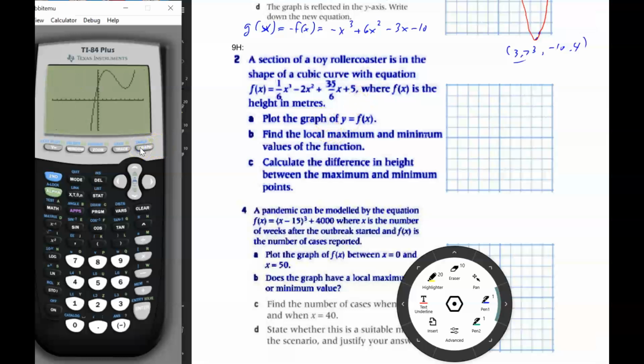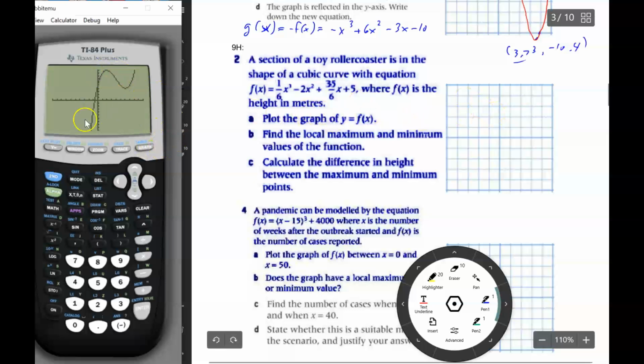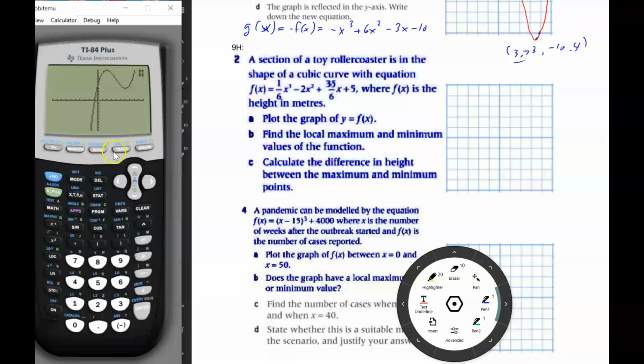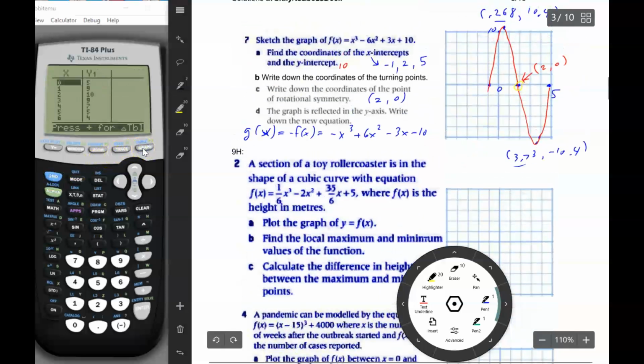All right. And then I'm going to get some useful points to put on my graph here by using the table. And by the way, I forgot to note that this point here is y equals 10, so this point here would be y equals negative 10, right? And I did not make axes, which I should put.